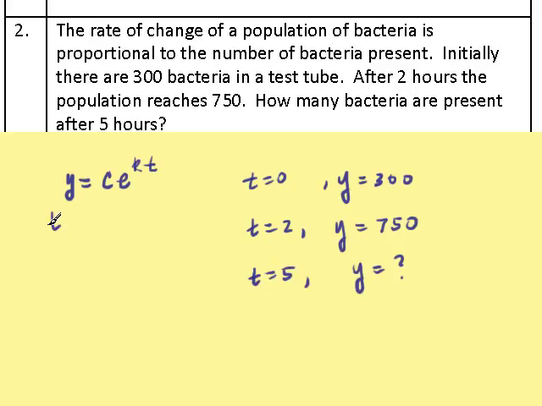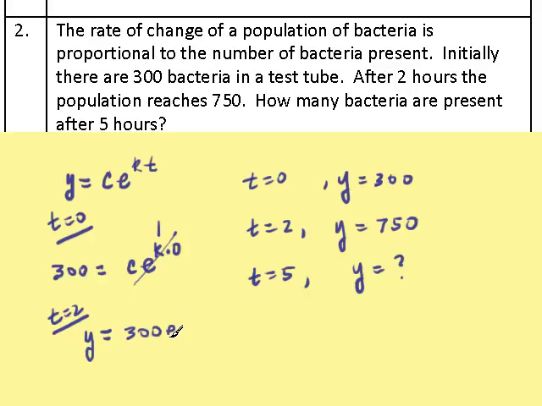We'll start by substituting t equals 0. And we have 300 is equal to c e to the k times 0. All right, so we have 300 is equal to c. All right, let's look at t equal 2. Well, now we have y is equal to 300 e to the kt.